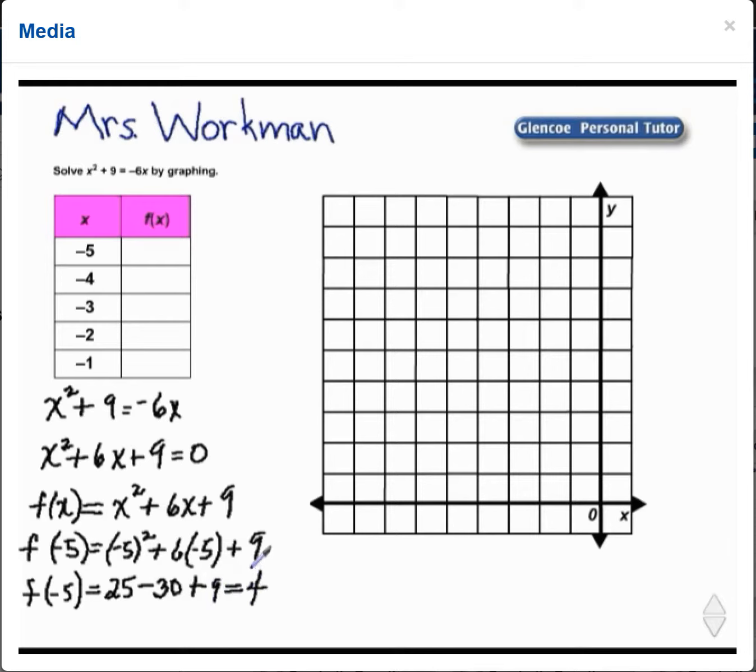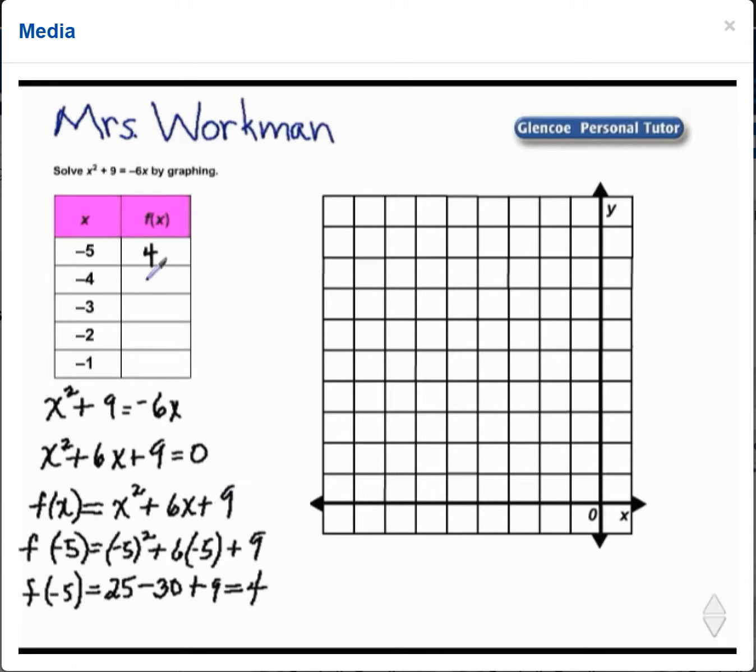So in this function, when x is negative 5, the corresponding y value, or the f of x value, is 4. Similarly, if we go through and substitute in negative 4 for x, and then negative 3, negative 2, and negative 1, we would get these values.